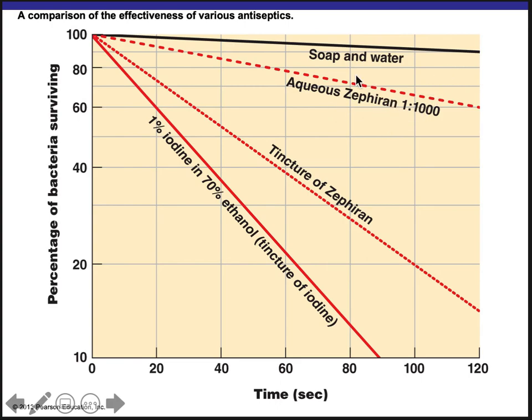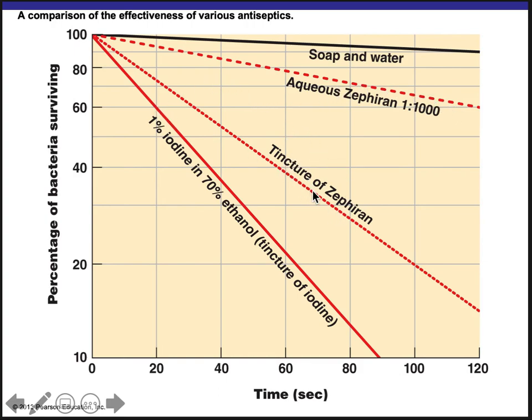If you use the brand name Zephyrin, which is quaternary ammonia, just by itself, it's actually not that effective. Okay, this is a 1 to 1,000 dilution of this chemical. Better than soap, but still leaving a lot of surviving bacteria behind.